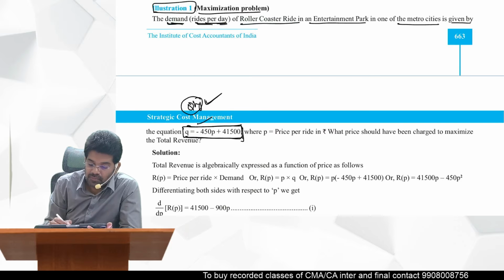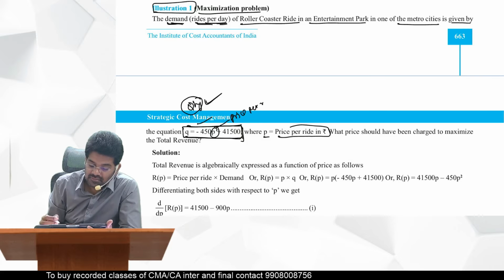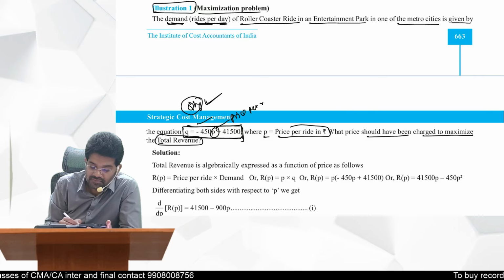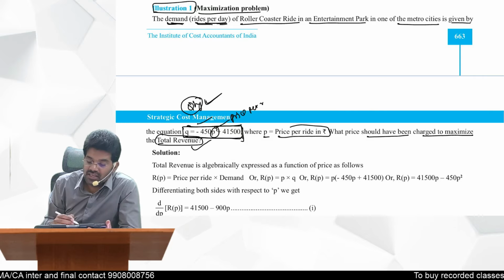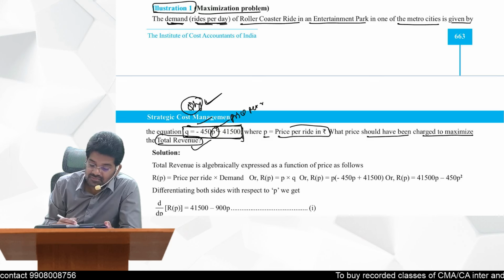Next, where P is equal to the price per ride in rupees. What is P here? The price per ride. What price should have been charged to maximize total revenue here? So what is the single variable here? What is the objective?